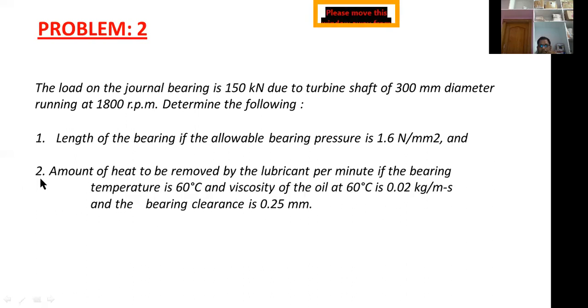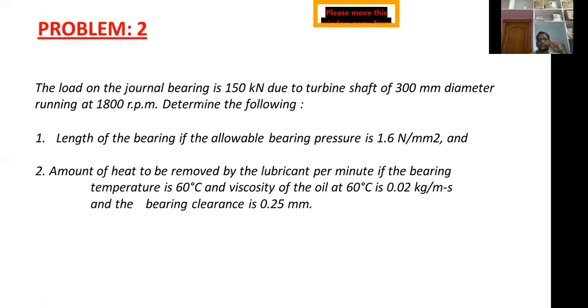Then after that you have to find the amount of heat dissipated, that is the amount of heat to be removed by the lubricant per minute, if the bearing temperature is 60 degrees Celsius and the viscosity of the oil at 60 degrees Celsius is 0.02 kg per meter second and the bearing clearance is 0.25.